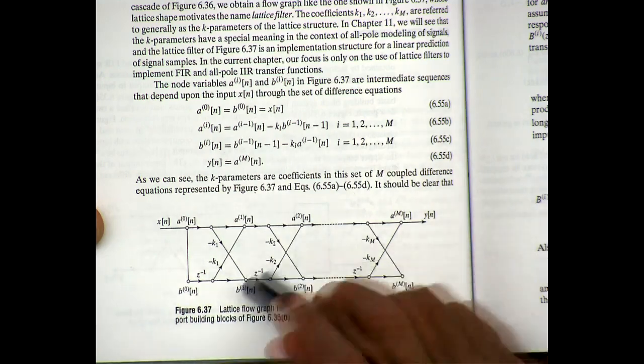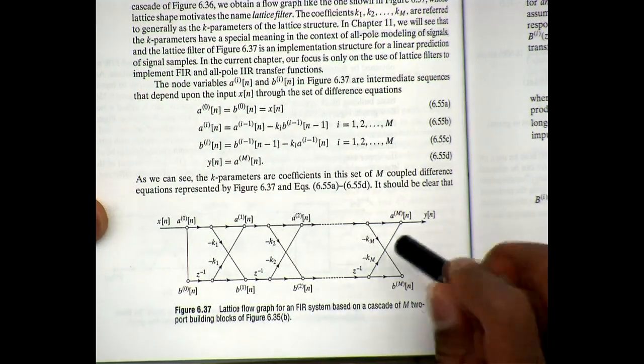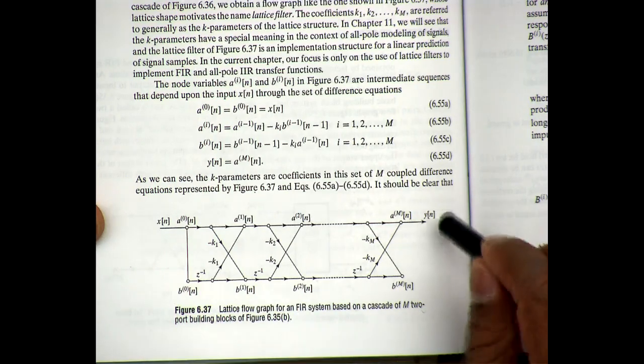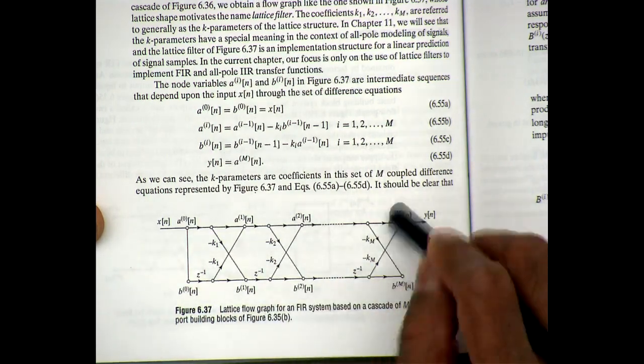Okay, so that's kind of what the lattice filter looks like, and as you will notice, it requires 2 times the number of multiplications. If I had a 100th order filter, I would need 101 multiplications in direct form structure. Here we will have 100 stages like this. Each stage has 2 multipliers, so it requires 200 multipliers.